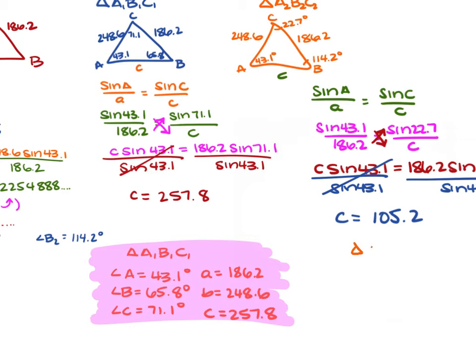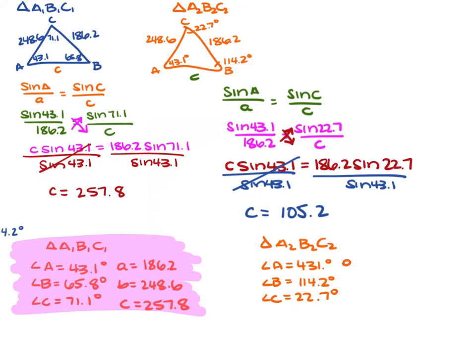For triangle A2, B2, C2, we have an angle A that's 43.1 degrees, and angle B that is 114.2 degrees, and an angle C that is 22.7 degrees.